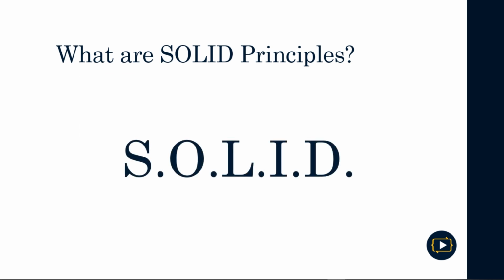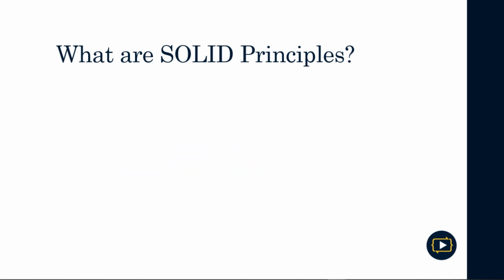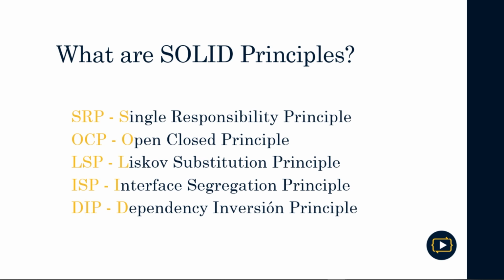Now, let's examine why they are called SOLID. Basically, SOLID is an acronym of a set of acronyms, which are SRP for the Single Responsibility Principle, OCP for the Open-Closed Principle, LSP for the Liskov Substitution Principle, ISP for the Interface Segregation Principle, and DIP for the Dependency Inversion Principle.